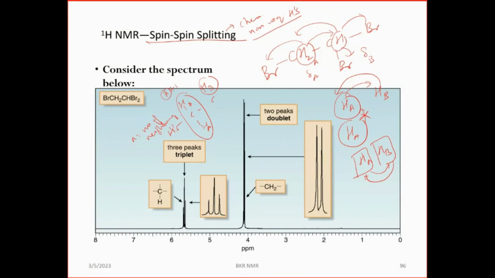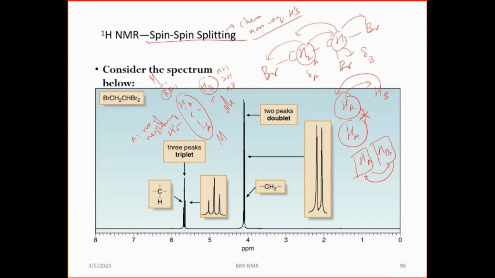So A hydrogens have one neighbor. So 1 plus 1, A will be a doublet. So A protons will come as a doublet. Now follow the n plus 1 rule for B. B has two neighbors. So 2 plus 1, which is equal to 3. So B will be seen as a triplet.